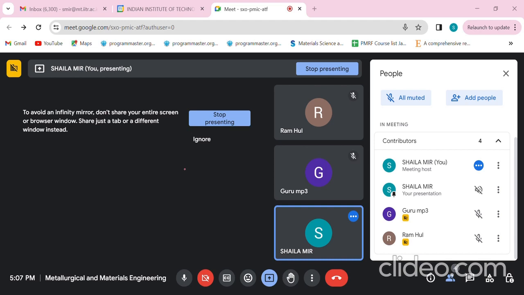Okay, so we have to convert both of them to the Kelvin scale first. So what are the two temperatures now in Kelvin? One will be 600, the other temperature will be around 800, right? Now you have to calculate the vacancy concentration.